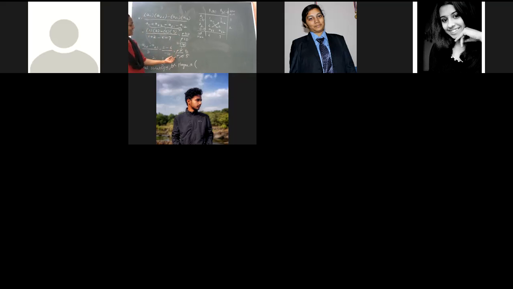Minus minus gets cancelled. 2 2s are 2, 5 2s are 10, so 2 by 5. Similarly, we need to calculate 1 minus P, that is optimal strategy for player A to apply strategy A2. 1 minus 2 upon 5, that is 3 by 5. We have to write down optimal strategy for player A. For player A it is 2 by 5, comma 3 by 5.